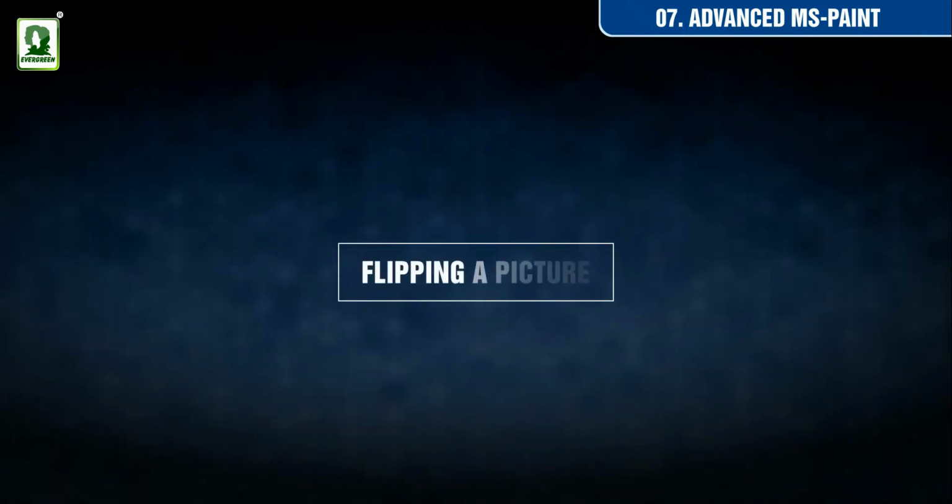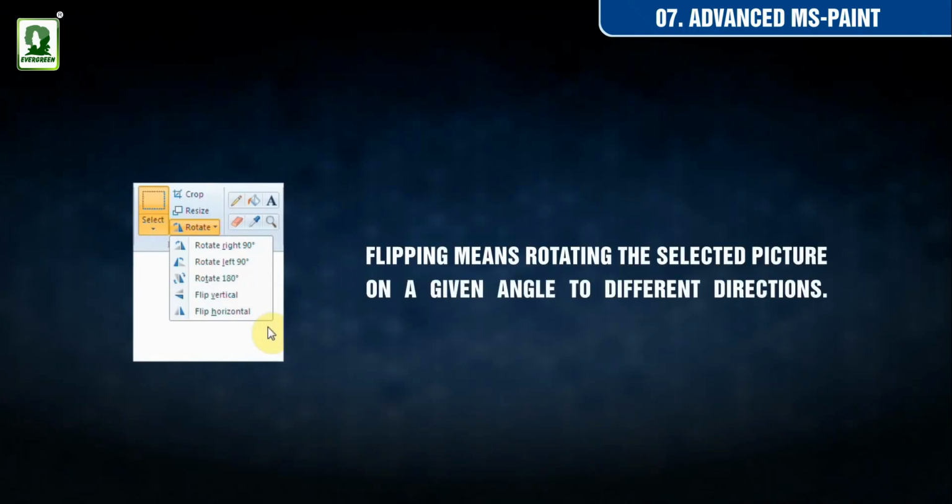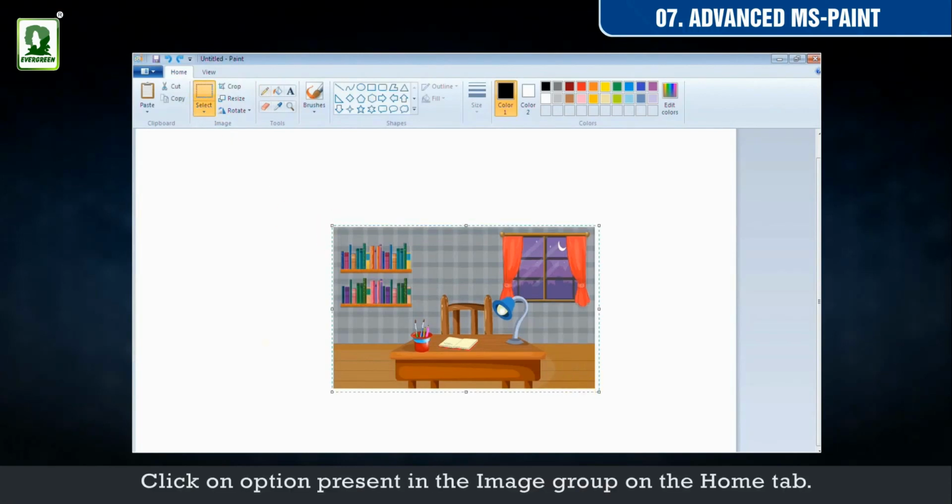Flipping a picture. Flipping means rotating the selected picture on a given angle to different directions. Click on Select tool. Select the picture. Click on Rotate option present in the Image group on the Home tab.